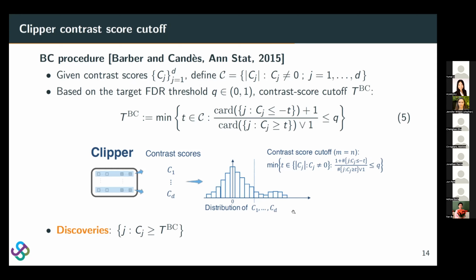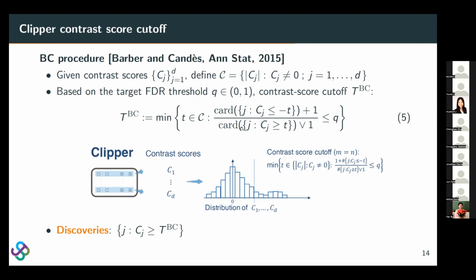To identify these interesting features, we will set a threshold and identify those features which have higher values compared to the threshold as discoveries. And here is how we define the threshold. The threshold is defined as the minimum of all the possible contrast scores which satisfies this formula: the ratio of the number of contrast scores smaller than or equal to negative t, plus 1, over the number of contrast scores greater than or equal to positive t, is smaller than q.